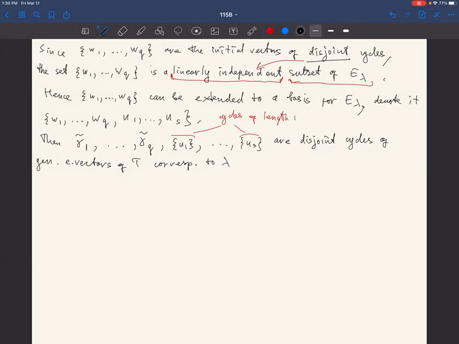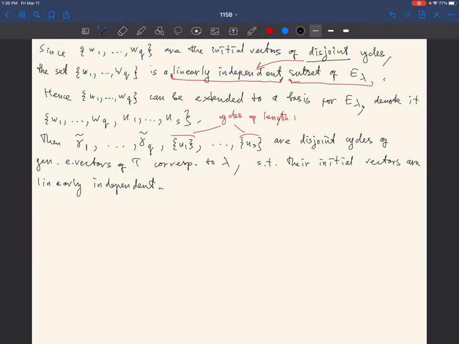Moreover, their initial vectors are linearly independent. They're linearly independent because of the construction.